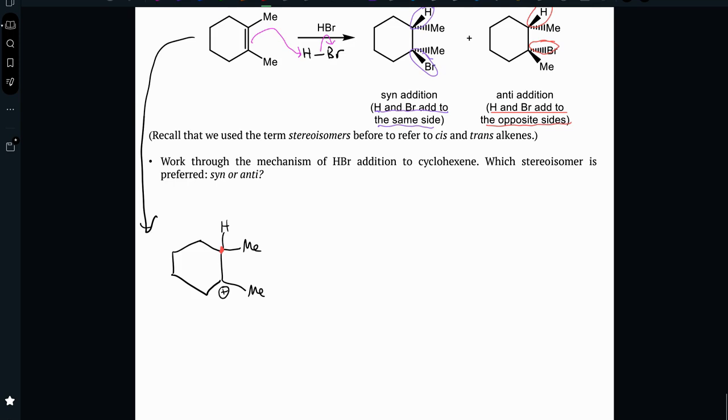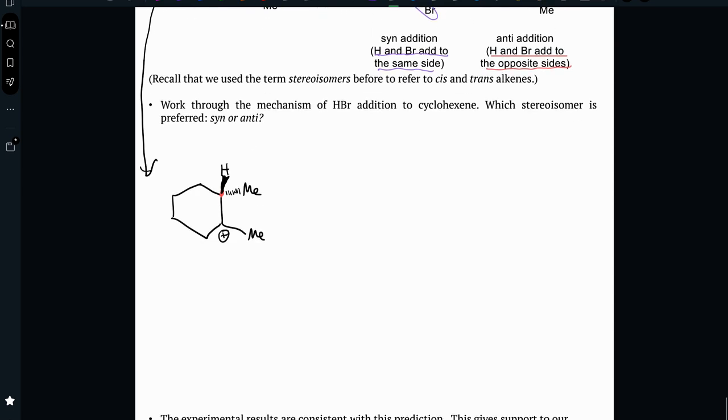Did the hydrogen add from in front of the page, making that a wedge, or did it add from behind the page, making it a dash? Again, this is an arbitrary choice. So I'm going to choose to make the hydrogen come from the top of the page. That would push the methyl group back into the page.